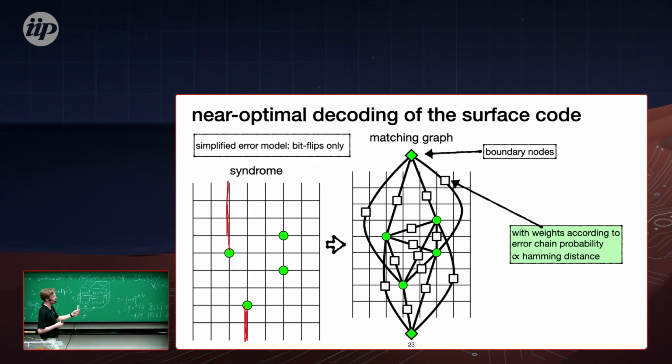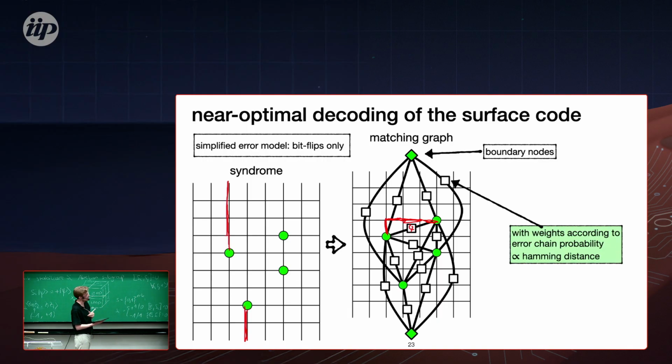We will then weigh these edges according to the distance between these excitations. And we will use the Hamming distance because we're here on this square lattice where every edge that we take, we just count as one. So for example, between this excitation and this excitation, we would put 4 errors as the shortest path between these two excitations.